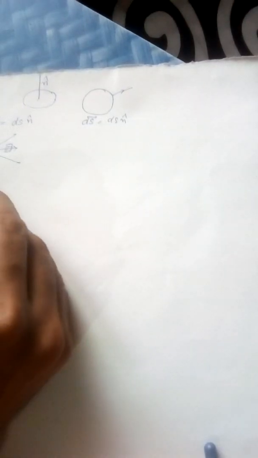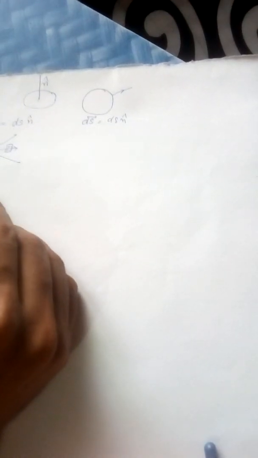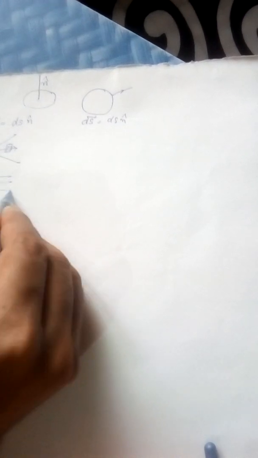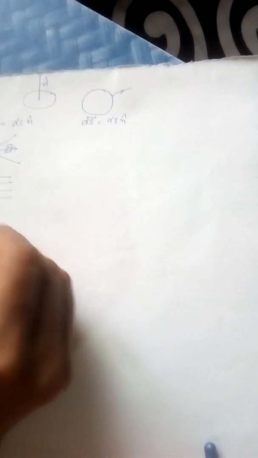So when we deal with electric field lines and the strength of the electric field, we require some area element. Now suppose these are electric field lines coming from some charge or anything. This flow of electric field lines decides the strength of the electric field.